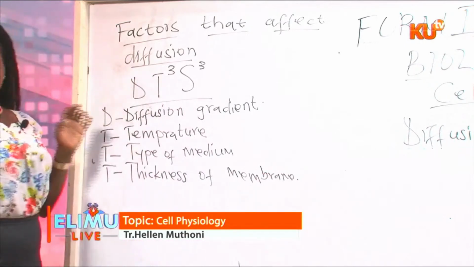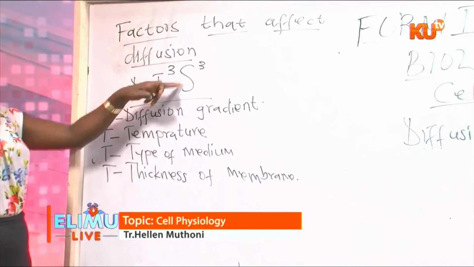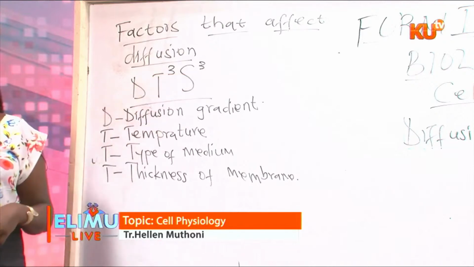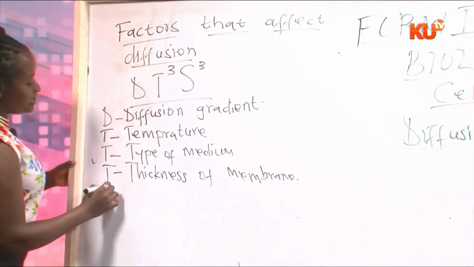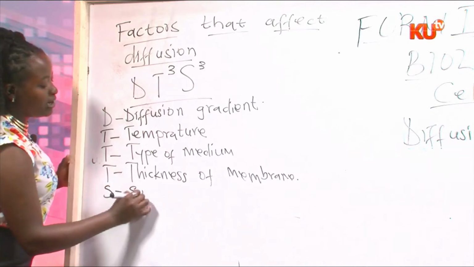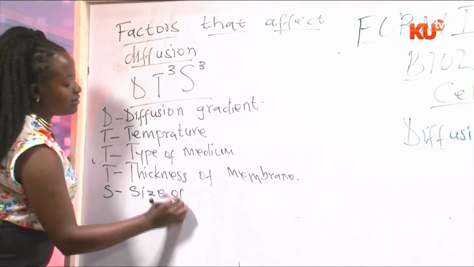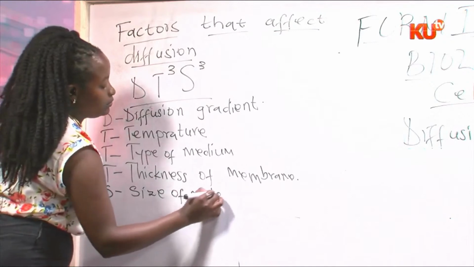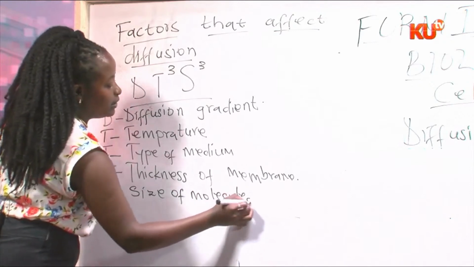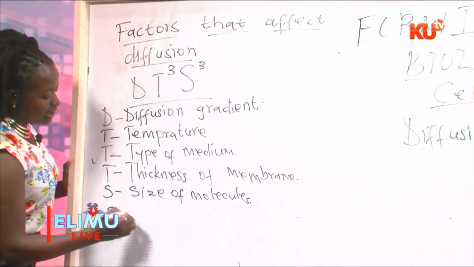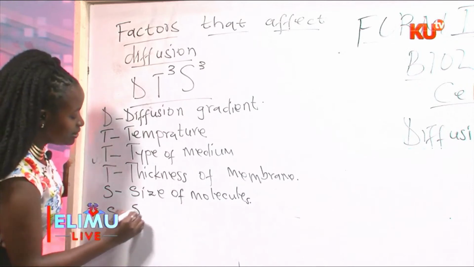Then we have S cubed. S cubed means that S has to appear 3 times. So the first S is size of molecules. The second S is surface area.